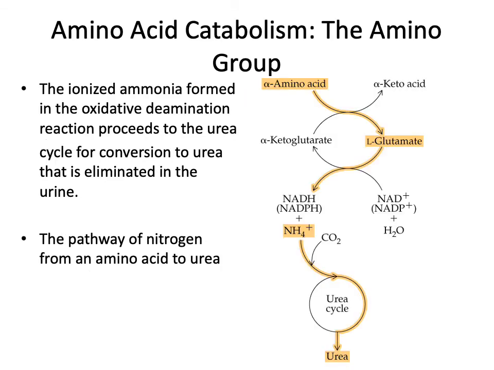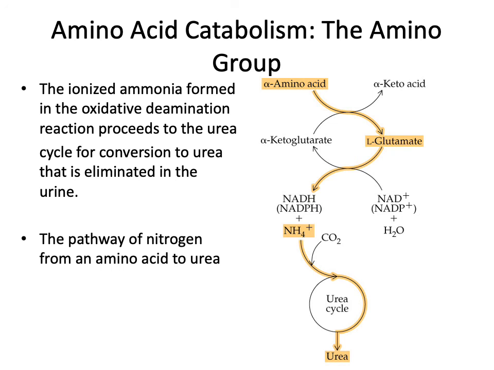So this is the general scheme then of breaking down amino acids, converting them into alpha-keto acid, then depending on which amino acid it is, feeding it generally into the TCA cycle or glycolysis, pyruvate. That amino group is generally transferred to alpha-ketoglutarate to make glutamate.